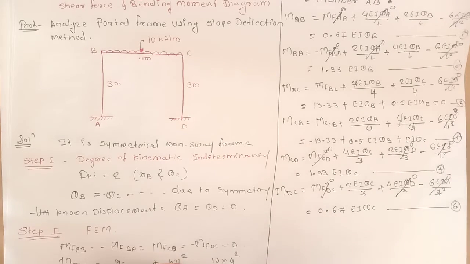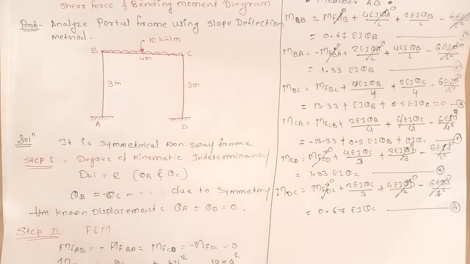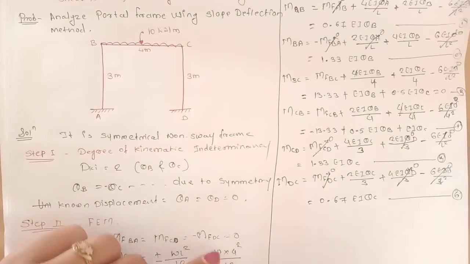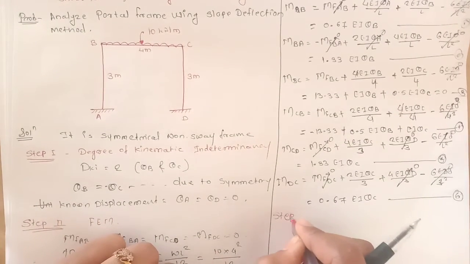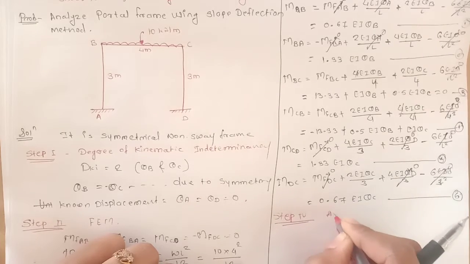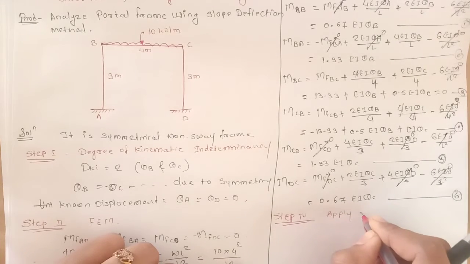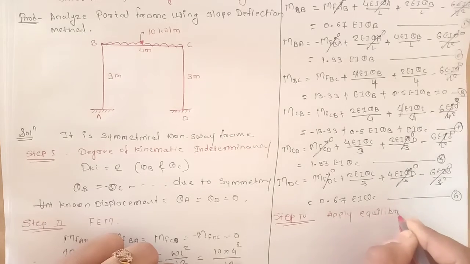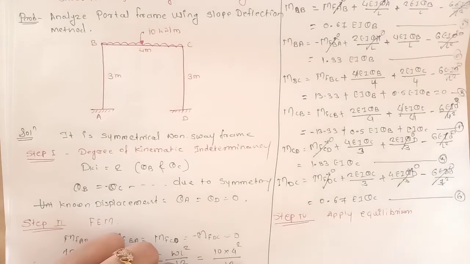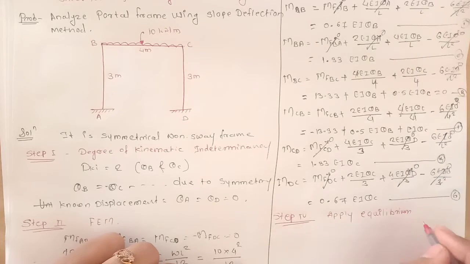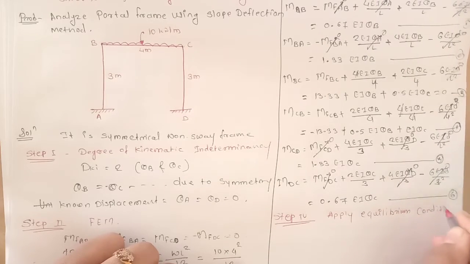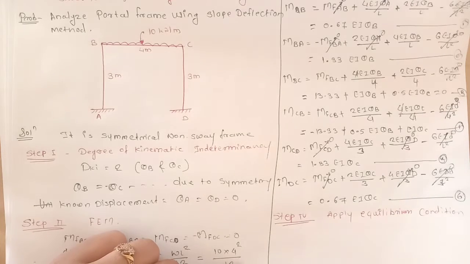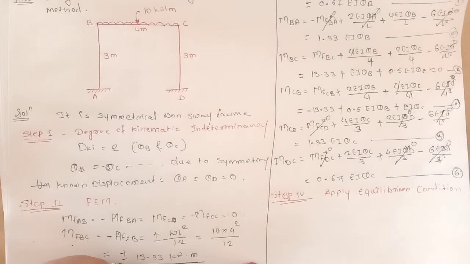And after that, step number 4: apply equilibrium condition. Here apply equilibrium condition at intermediate joint.